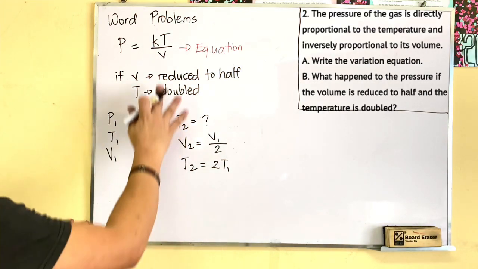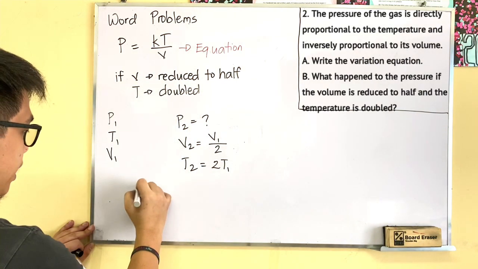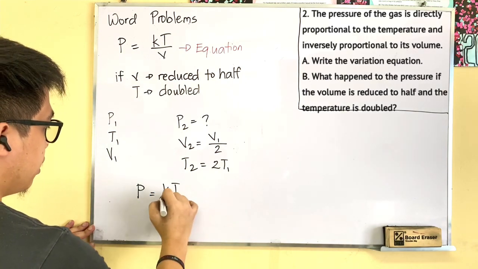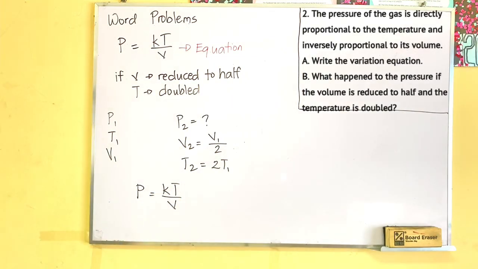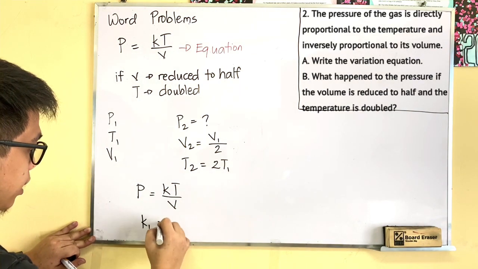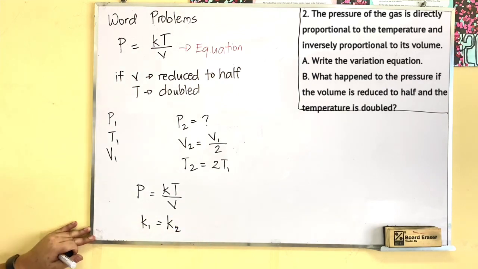So, ang ating equation is P is equal to K T over V. So, tulad ng sinabi ko kanina from the first word problem, the K is always constant. Therefore, the K of 1 is equal to K of 2.